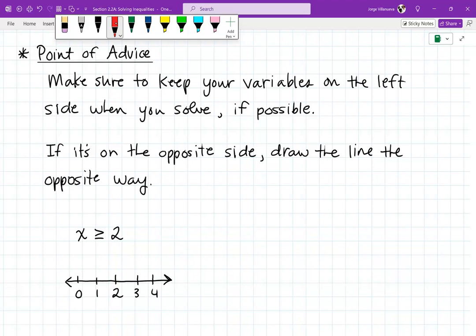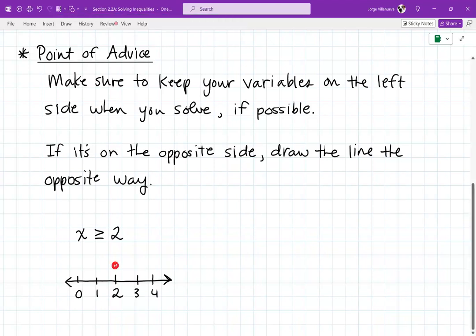That's a solid dot. So I'm going to go to 2 and I'm going to put a solid dot. And since my variable is on the left side, all I have to do is follow the arrow. Which way is the arrow pointing? To the right. So I'm going to go like this. Okay, look right here. The arrow is pointing to the right side. So I'm going to go to the right side when I draw it.